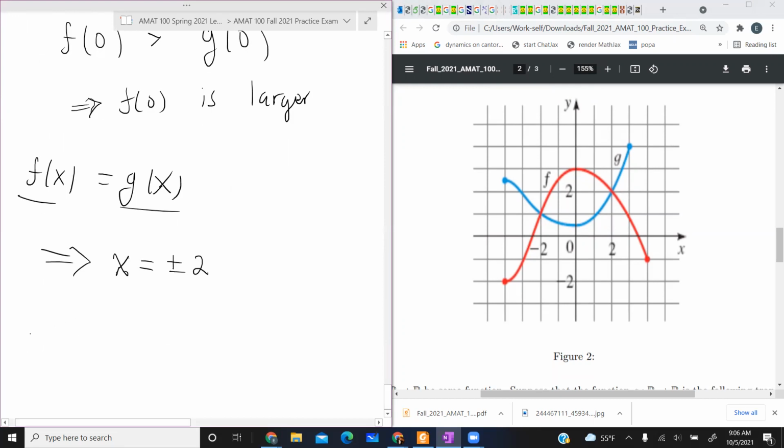Now again, we have an inequality, and just as with the equation, it has an interpretation in terms of the graphs. We want to find the values of x for which this inequality holds: this expression is less than or equal to this expression.